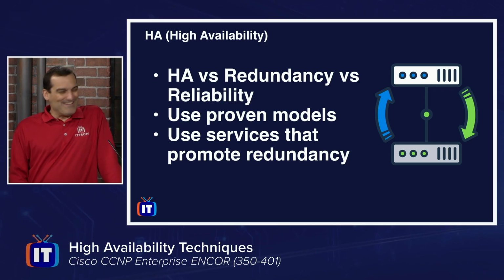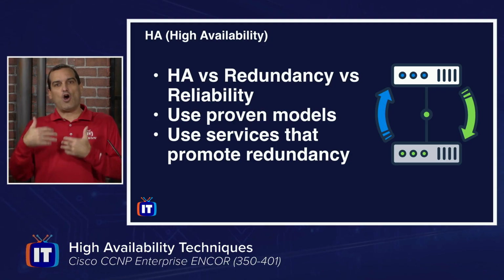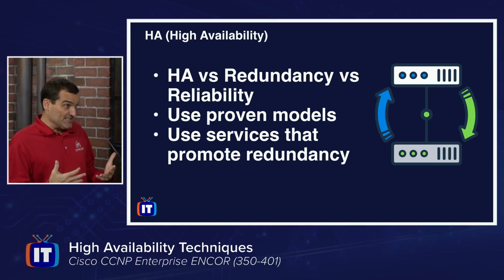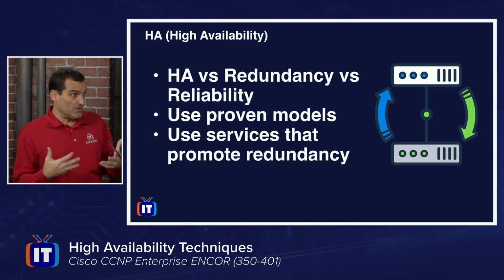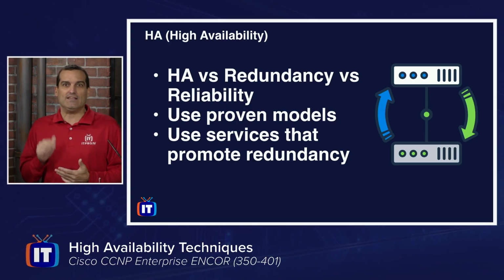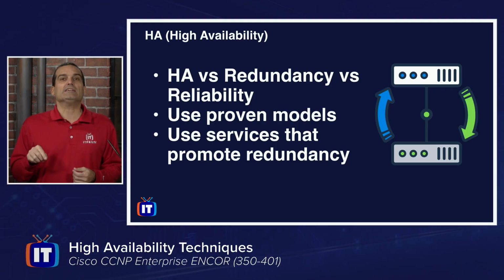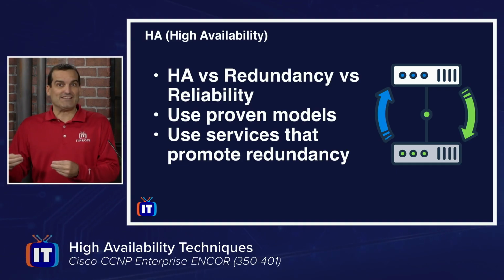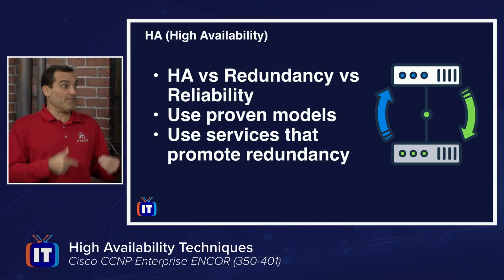All right. So there's services, Ronnie, too. Oftentimes we think of hardware that's promoting HA, but there are services too that are going to help us. So I want to encourage you to take advantage of those. One of the ones we're going to look at together in this Encore show is IPSLA. IPSLA is a service that can help us with high availability.